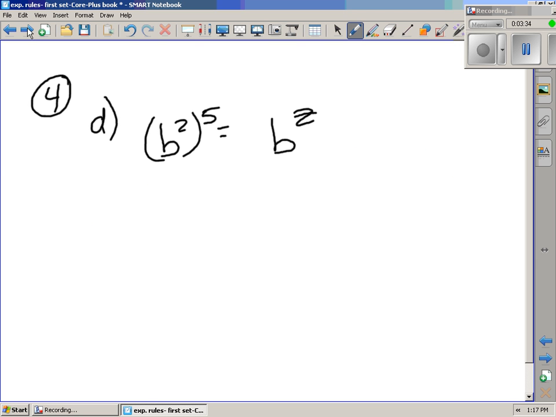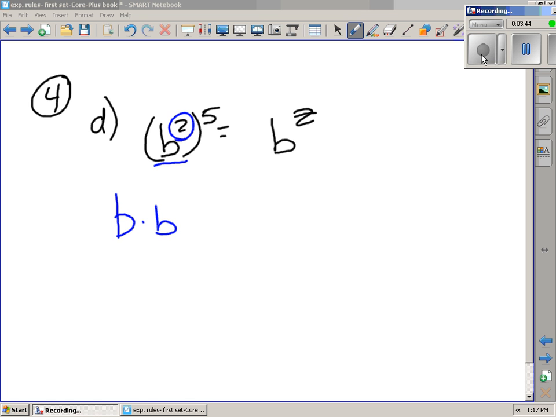In D, now we have a variable b, and we write out the base of b 2 times. And then this base, b squared, is written out 5 times.